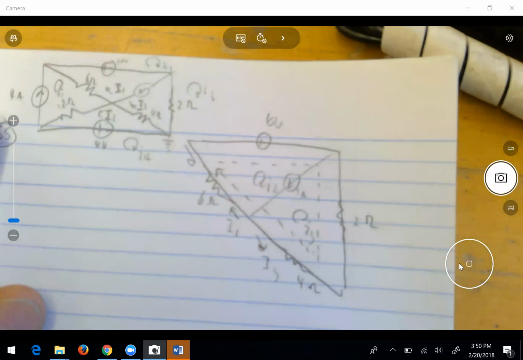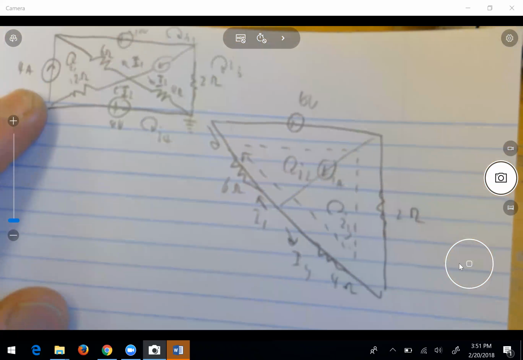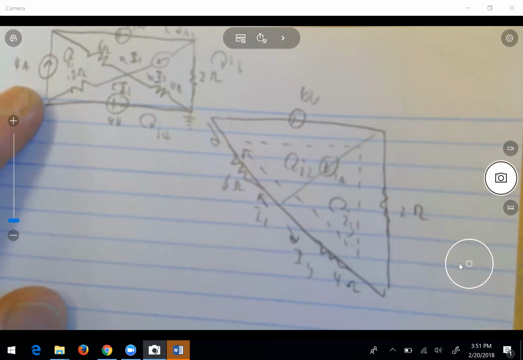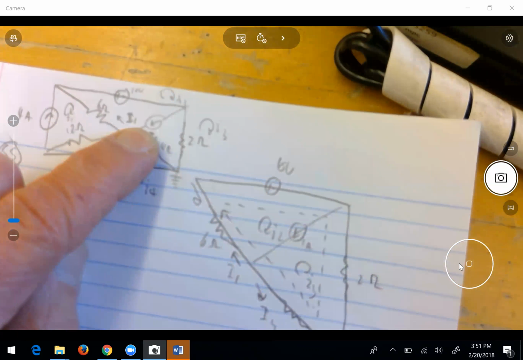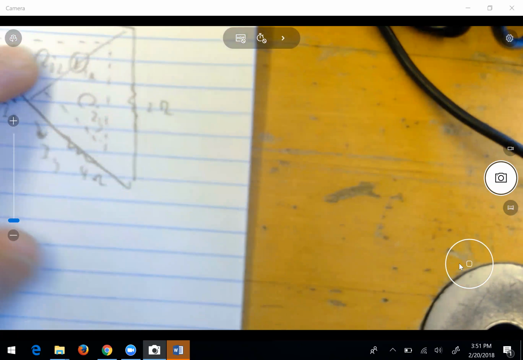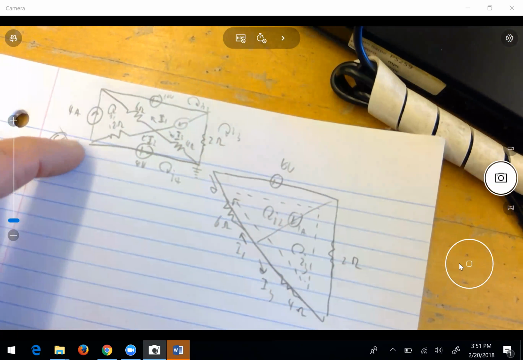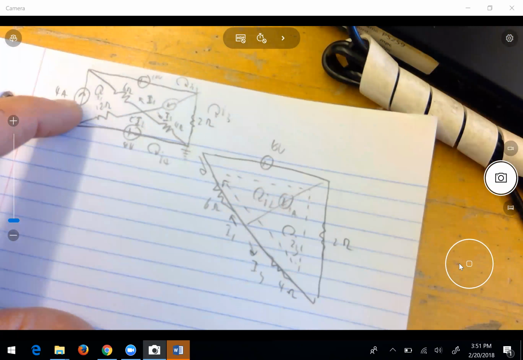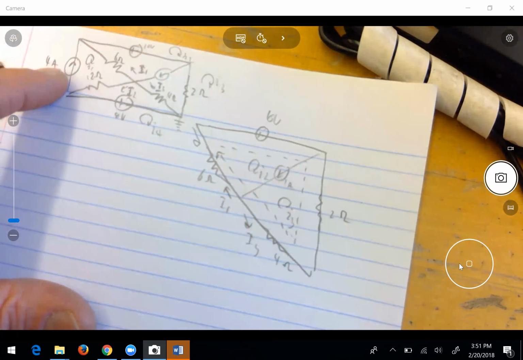Super mesh. So yes, you do have to do a super mesh here. For what I drew here, that's a super mesh. Yeah, you can do that. And this is just a known current, what is that, I1? I1 equals 4 amps.